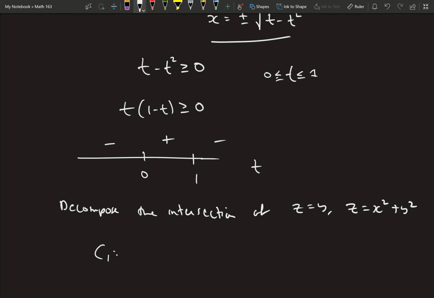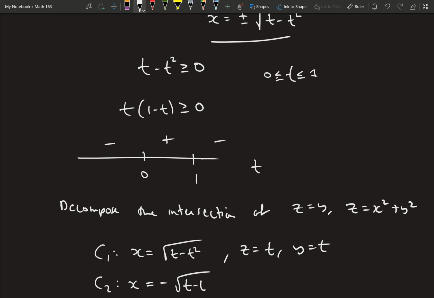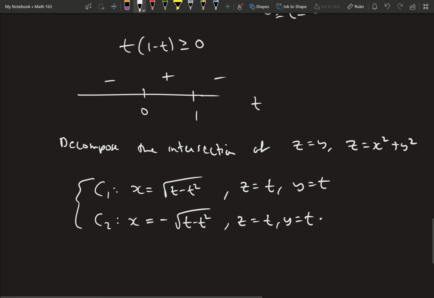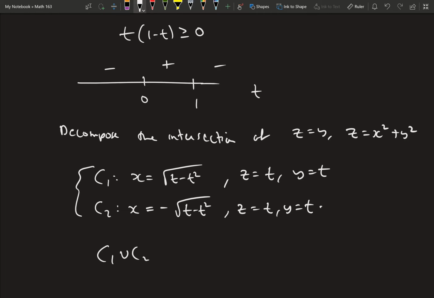The first curve would be x equals the positive square root of t minus t squared, z equaling t, y equaling t. And curve 2 would be x equals the negative square root of t minus t squared, z being t and y being t. And these curves together, C1 union C2, describe the overall intersection.